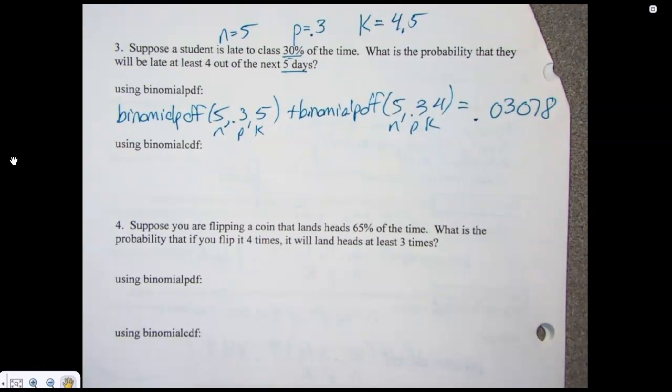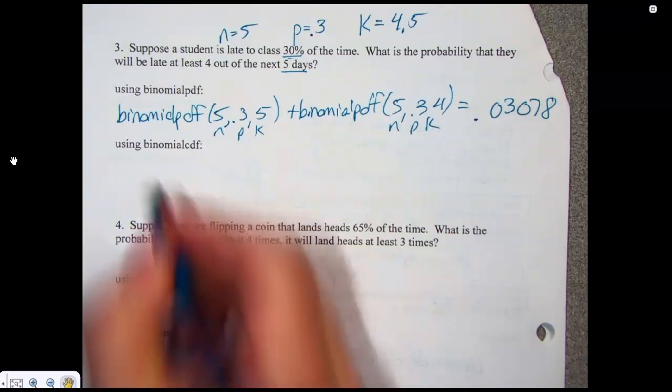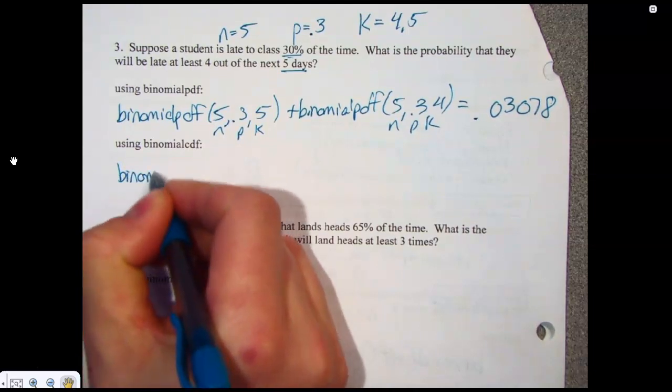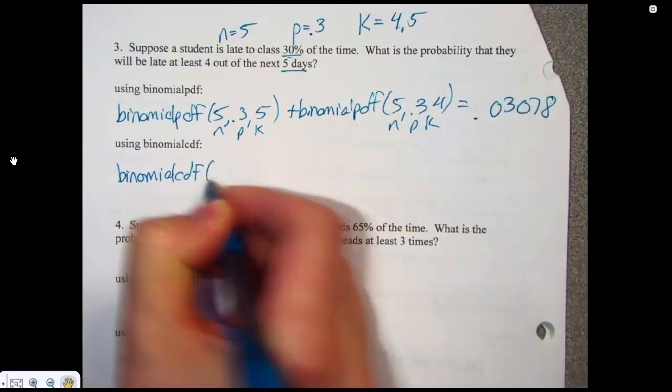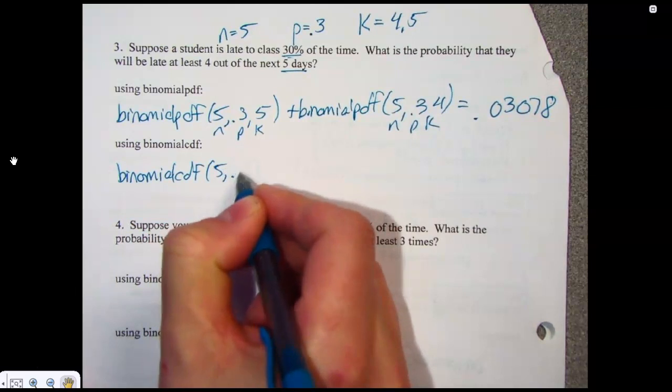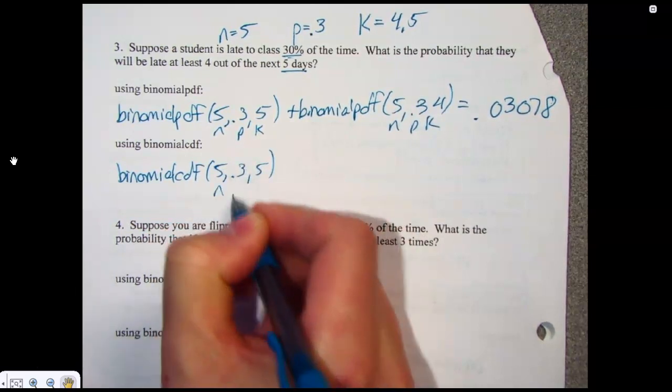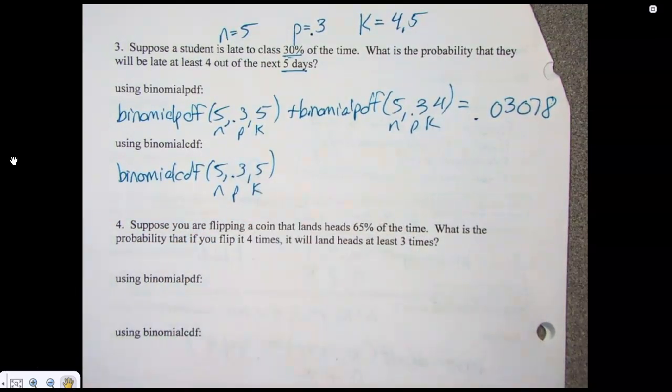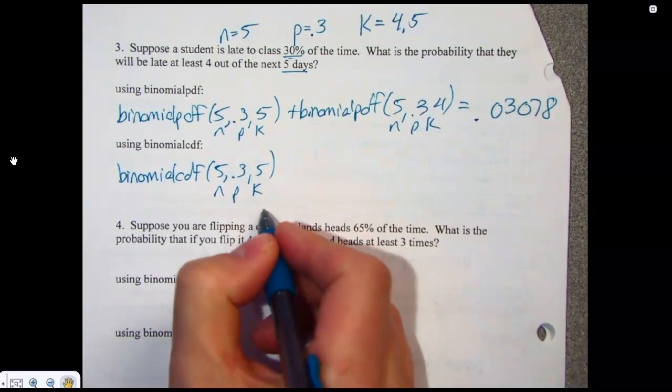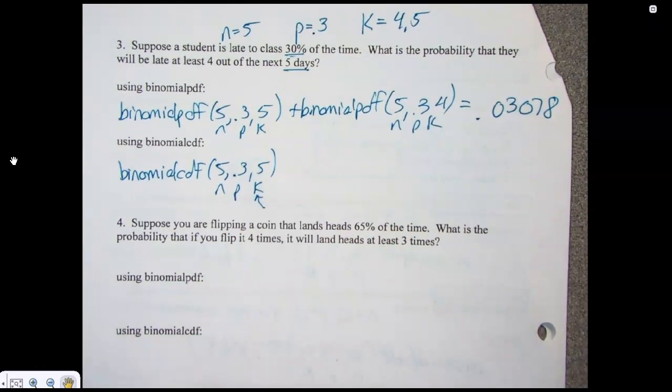Are we okay? The PDF one? The CDF one's more confusing, so I want to make sure you're all with me before I go through it. So for CDF, I'm going to start off with binomial CDF of 5, .3, 5, and that's my NPK. But what did that just find?